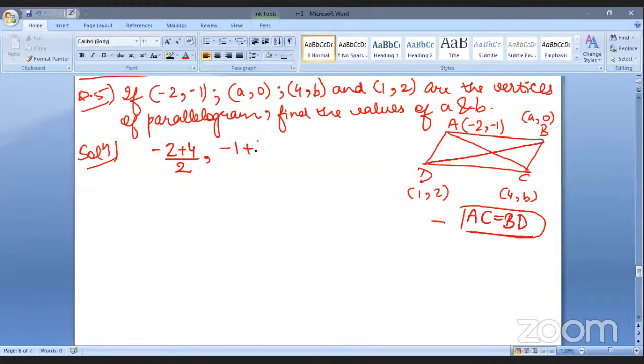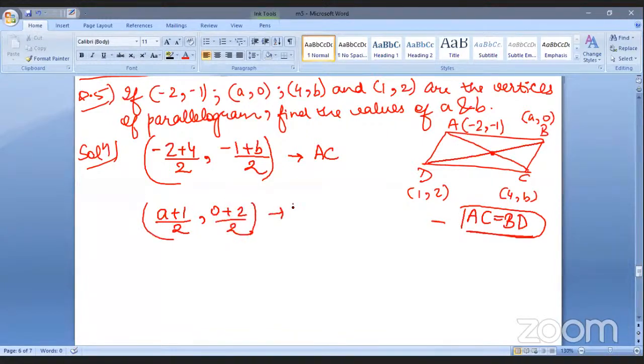For BD, it would be A plus 1 by 2 and 0 plus 2 by 2.